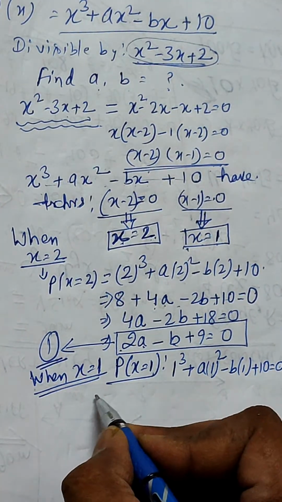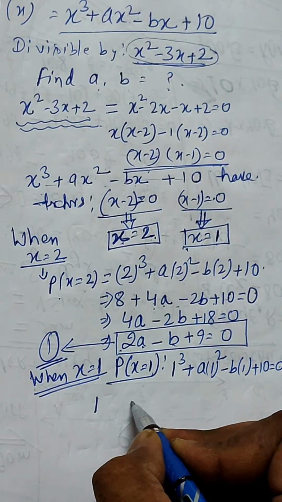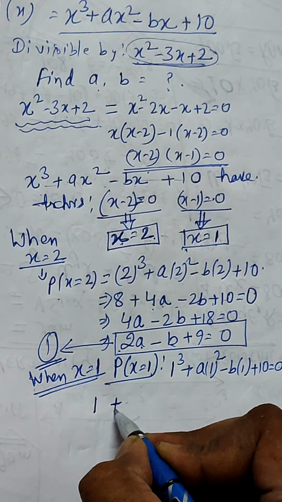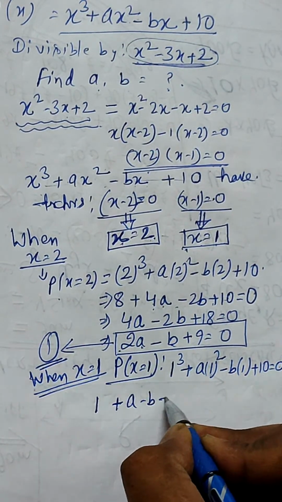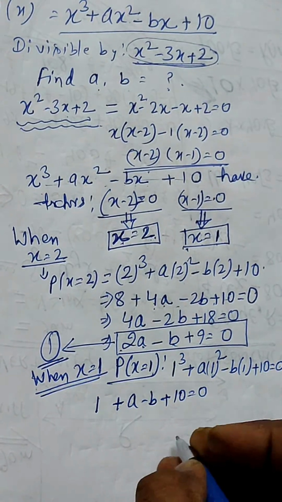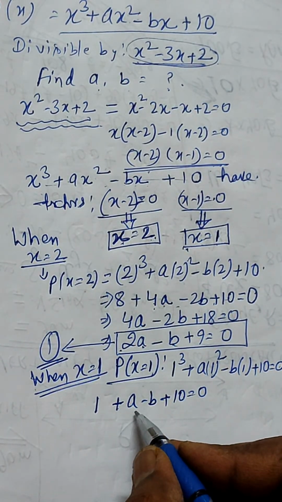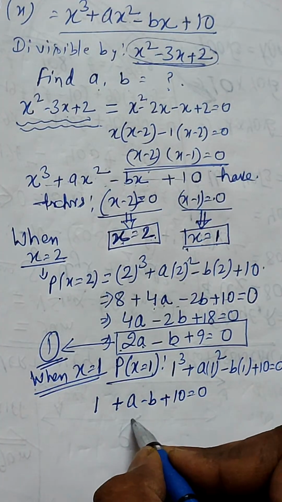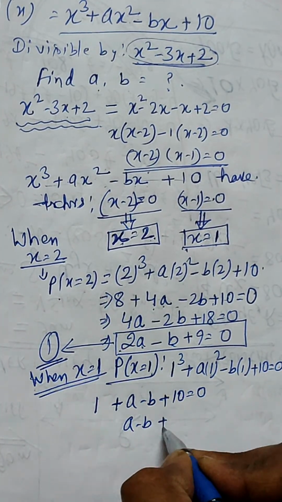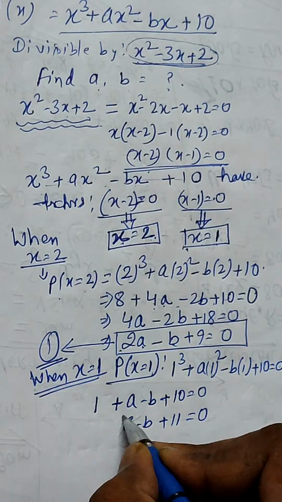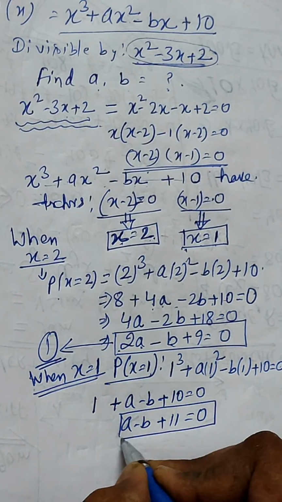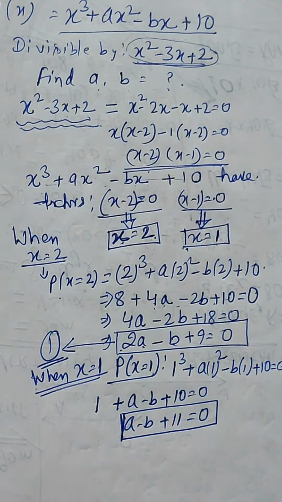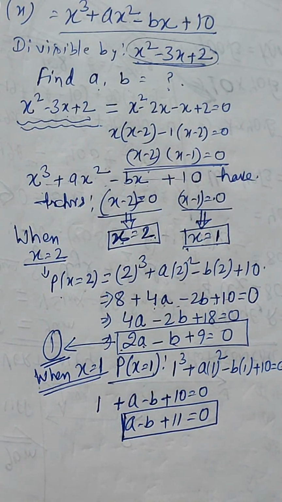This will give you 1 plus a minus b plus 10 equal to 0, right? So this will give you a minus b plus 11 equal to 0. This is the second equation which we have derived, right?